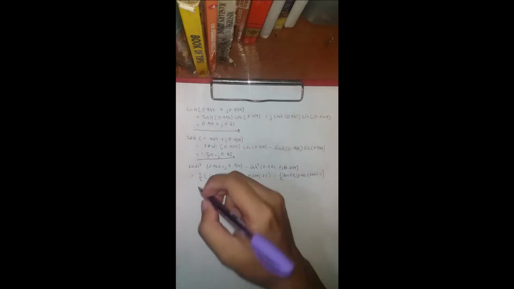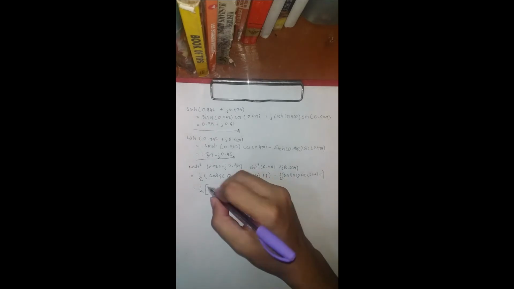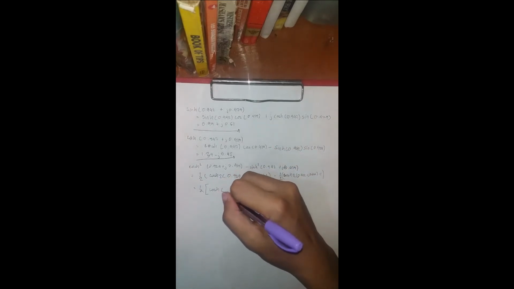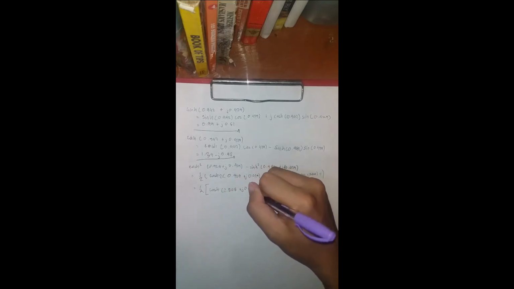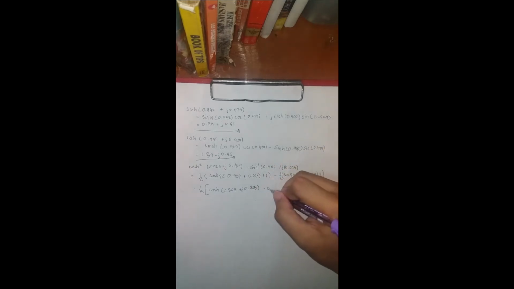Then I further simplify this, so I get here 1/2. I took out all the 1/2, so what is left here is just cosh of 2.848 plus j 0.058, minus cosh.